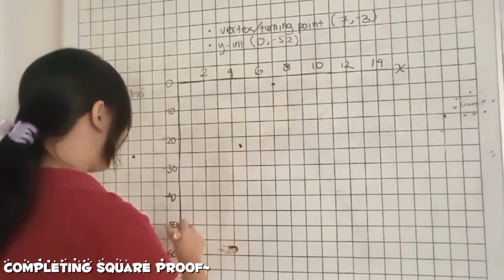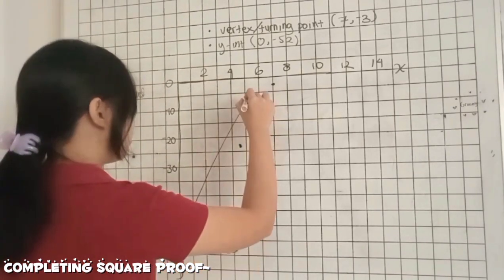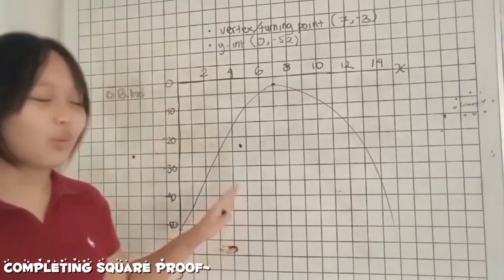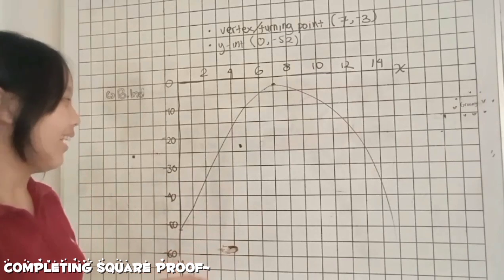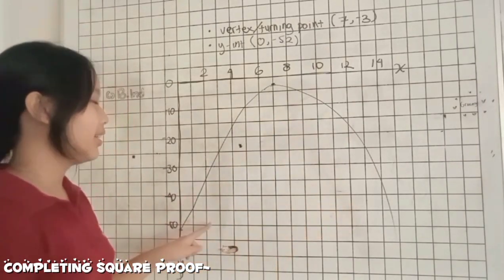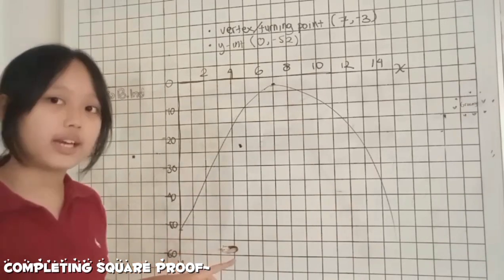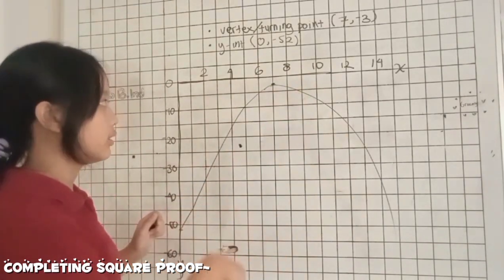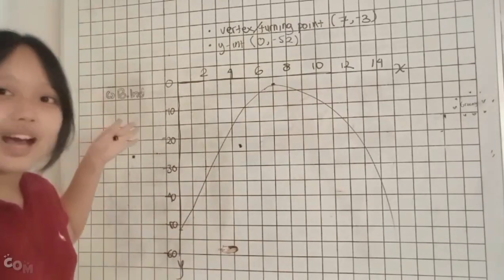So we have to sketch. Okay, so this is what our graph will look like. I know this is not the best graph, but it is a rough sketch that looks like this, with the graph turning downward. And then this is our final.